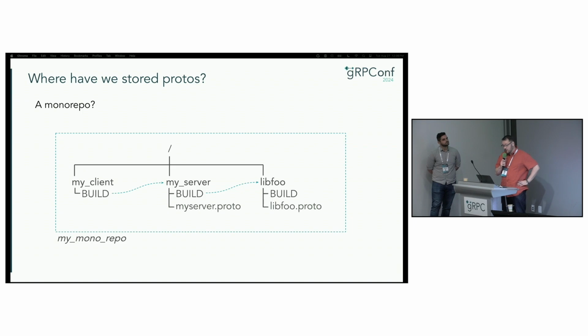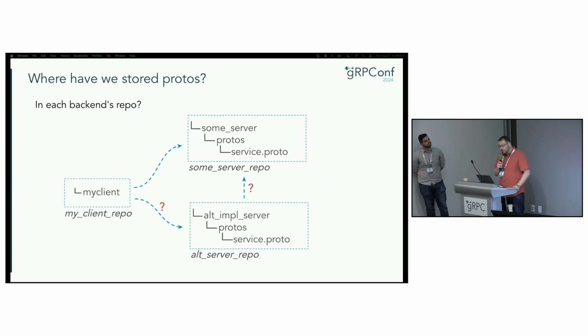And most likely, you are looking at a situation where your project and its dependencies are spread across multiple repositories. With multiple repositories, you need to decide where the proto files for your services live. They need to be available to both the server implementation and any client applications. A common approach is to store them in the server's repository.